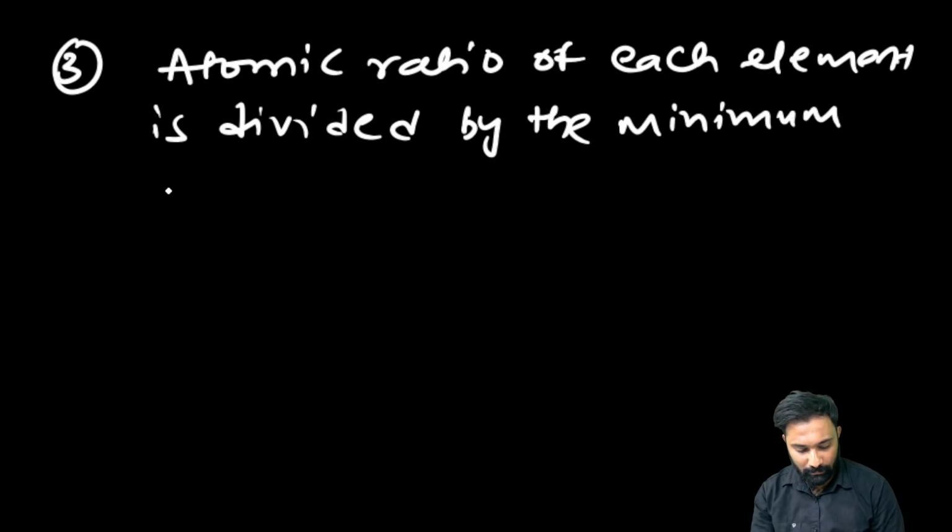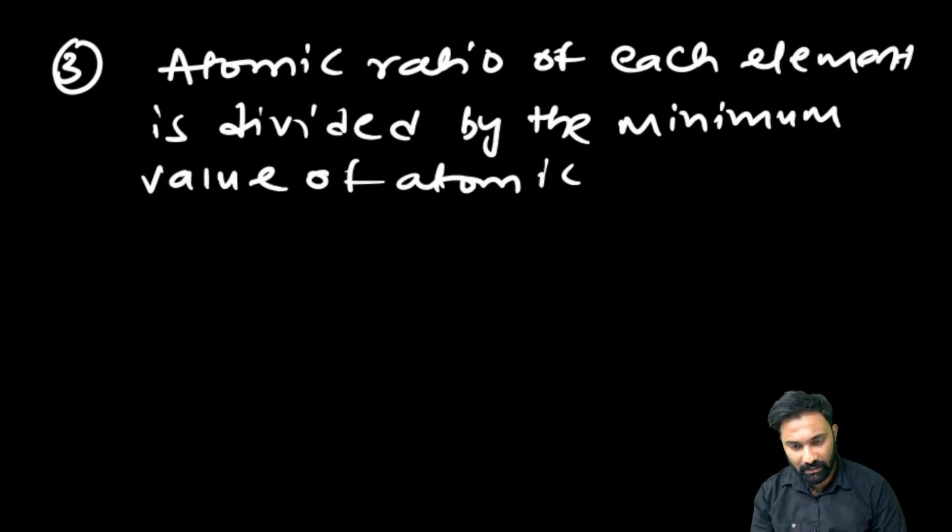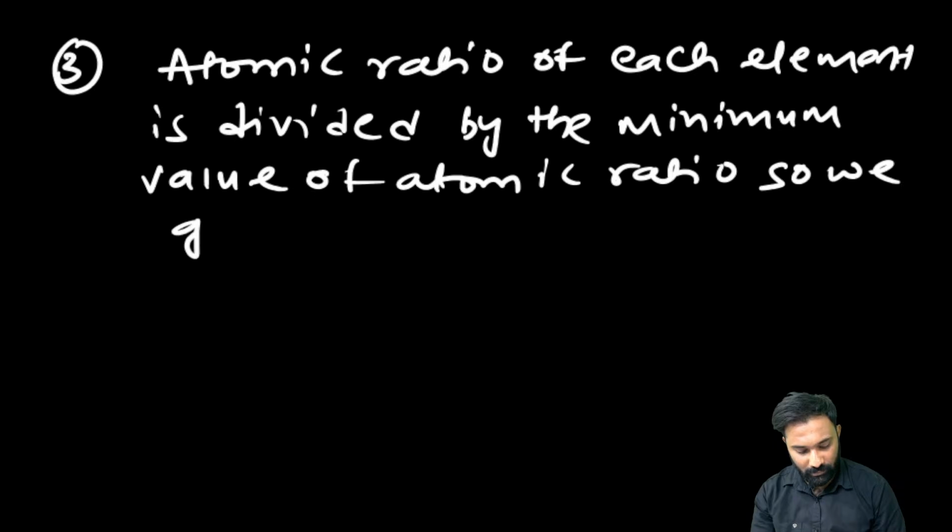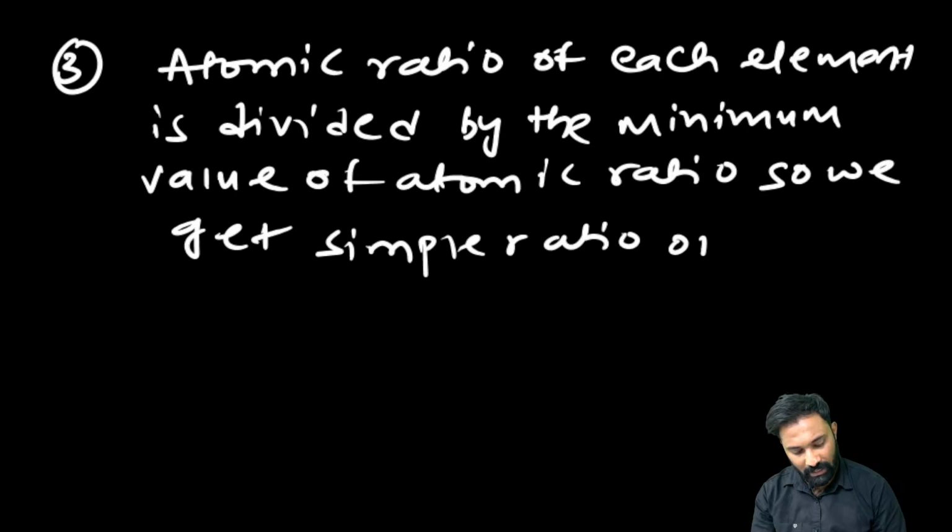This is a very key point, the third point. The atomic ratio of each element is divided by the minimum value of the atomic ratio. So we get the simple ratio of atoms. Sir, what are the points you have written, we did not understand. Now with the help of a question you will understand.